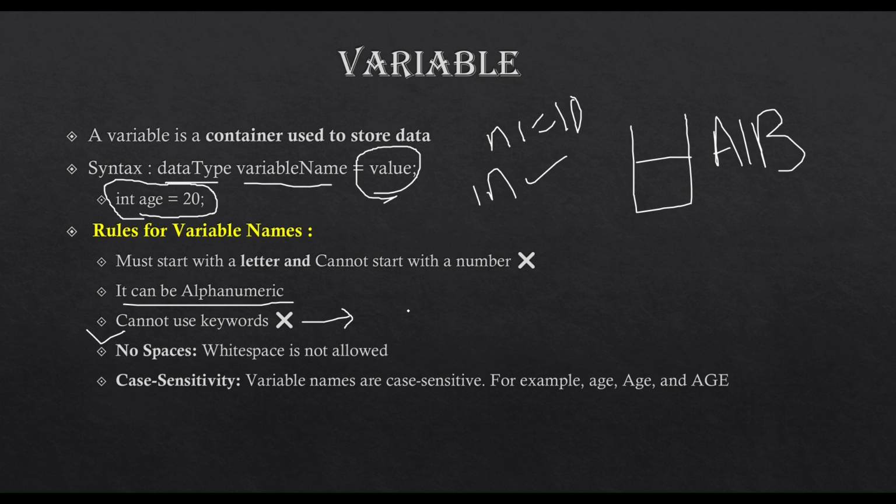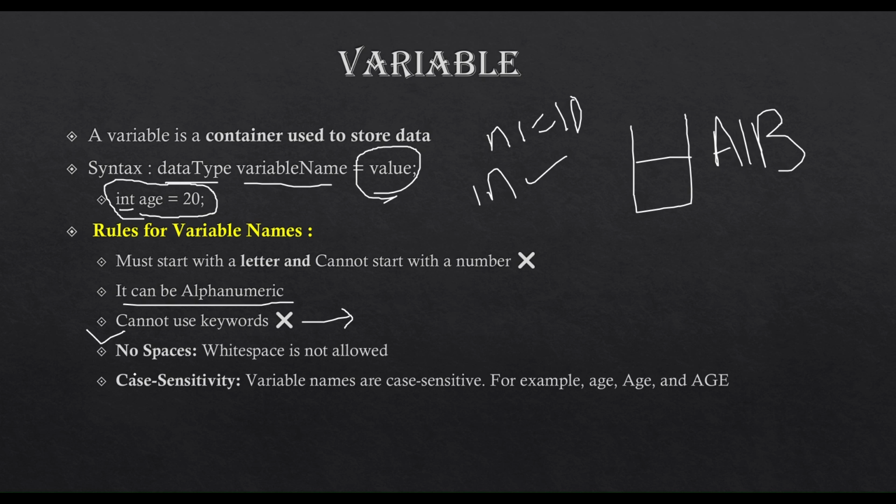During the creation of a programming language, the creator assigns some names that have special properties. For example, int is a keyword with a specific property, so you can't use a keyword as your variable name. There are around 40 to 50 keywords in Java, and we will also learn about what the various keywords available in Java are.